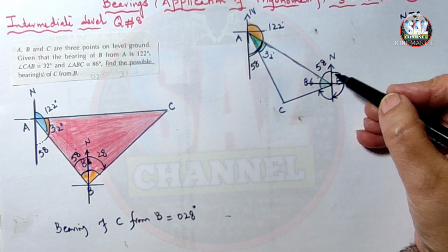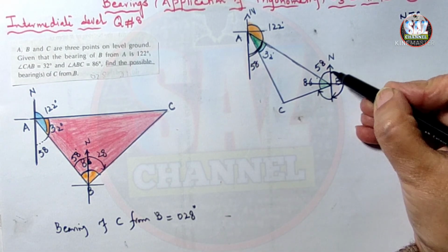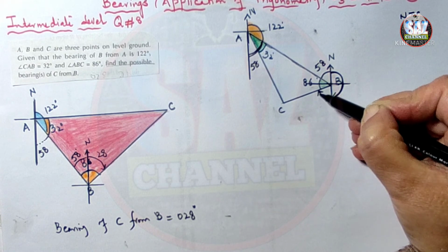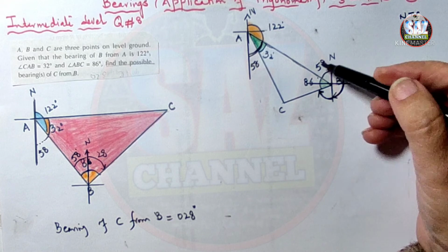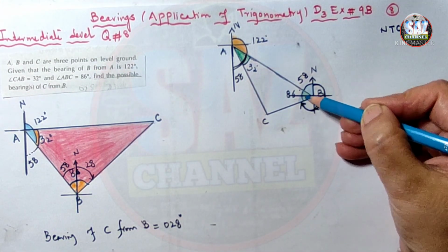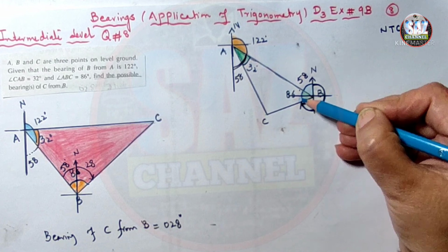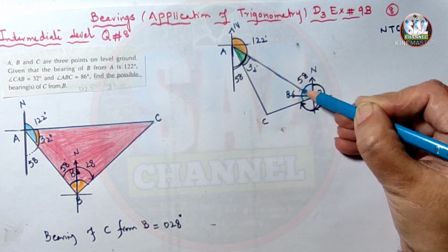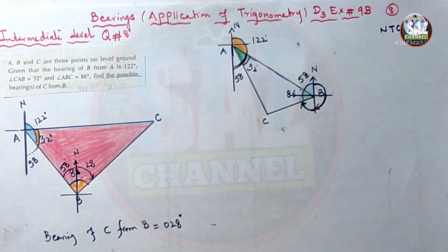Students, I hope you are clear that I have to start the movement from this point and I have to stop at this point. Now look, I need to know the angular turn of this portion, so that I can make use of angles at a point.